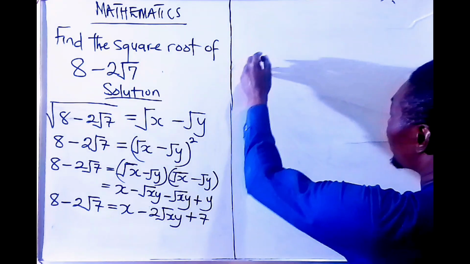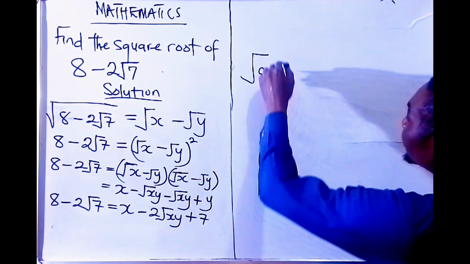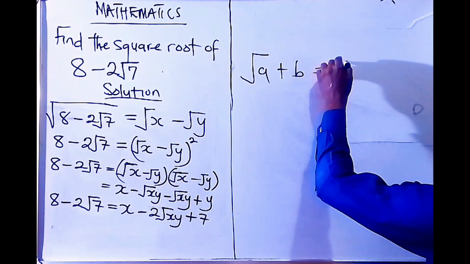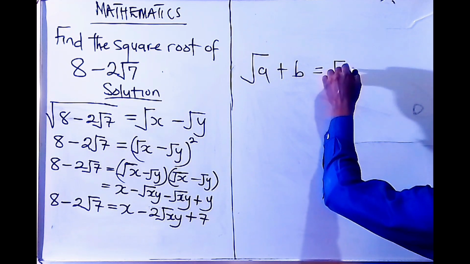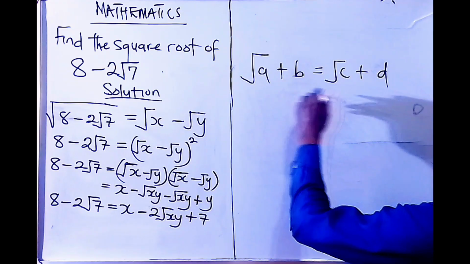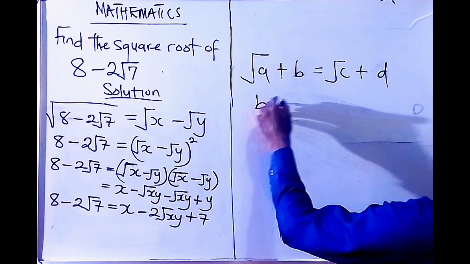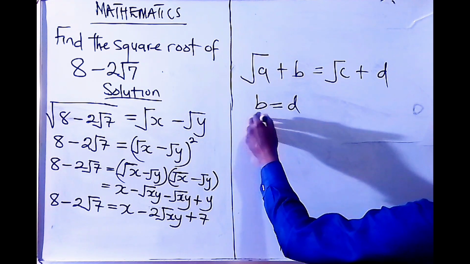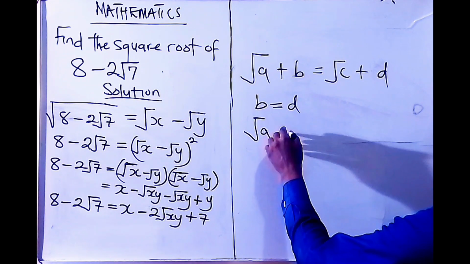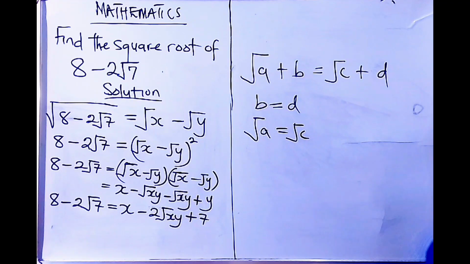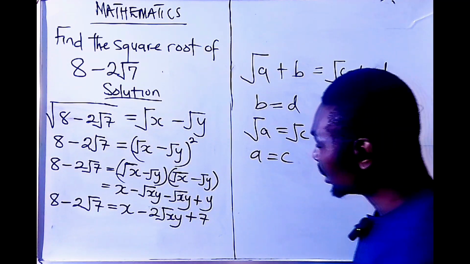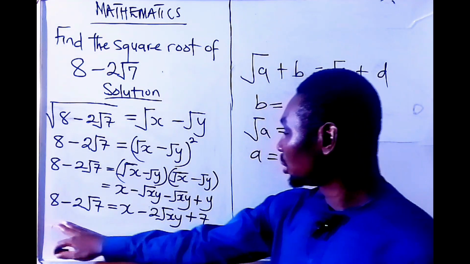In equality of sum, when you have the square root of a plus, let's say, b is equal to the square root of c plus d, then by comparison, b is equal to d, and also the square root of a is equal to the square root of c, where a is equal to c. So we are going to use this principle to solve this.